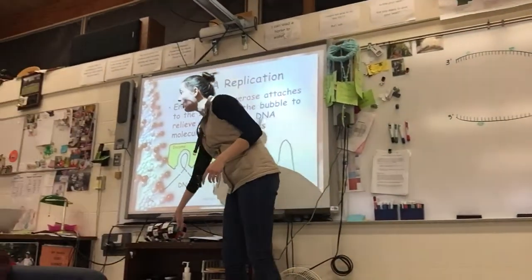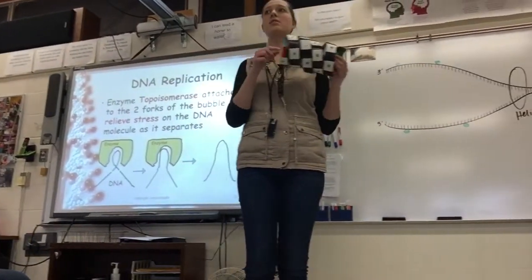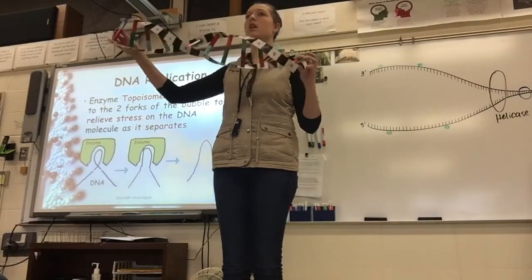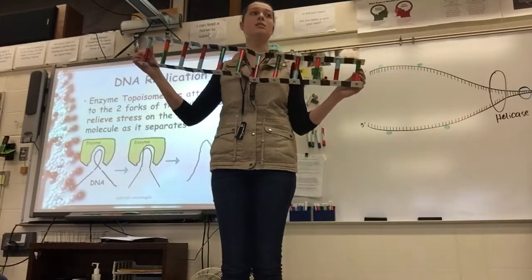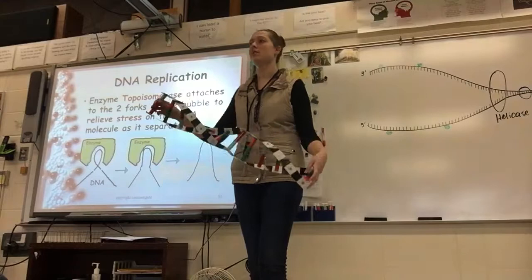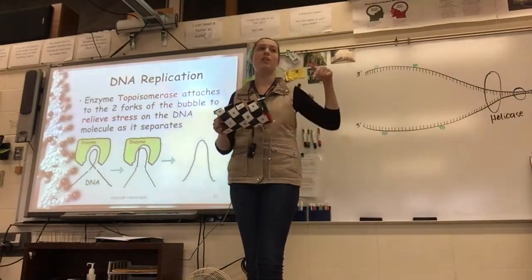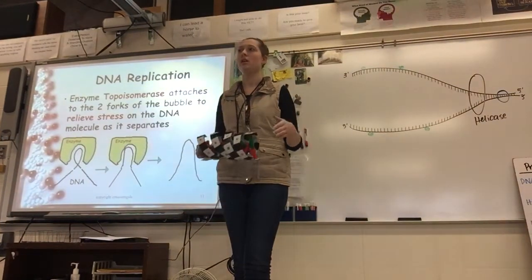If we have it all coiled up like this and we're trying to unzip it, it's really hard to unzip it evenly and nicely. Topoisomerase is going to come in and untwist all of it, so it's a lot easier for helicase to unzip it. It also reduces a lot of the strain and tension. If we don't untwist it first, we can have a lot of supercoils on the side, and that's where a lot of those breaks can happen.